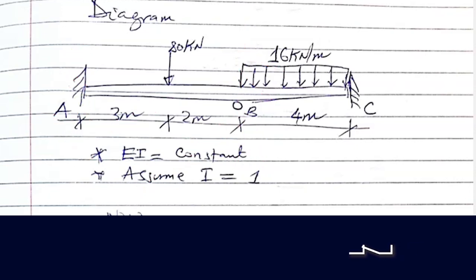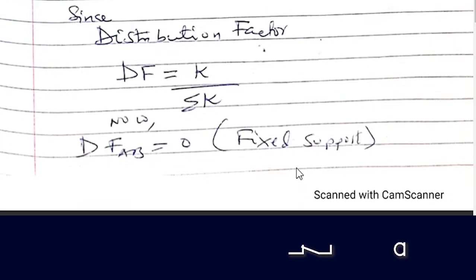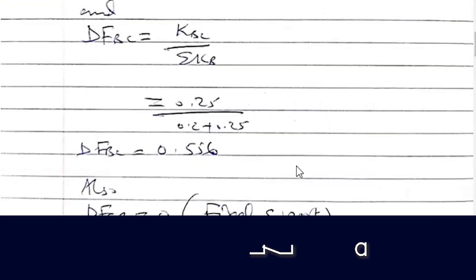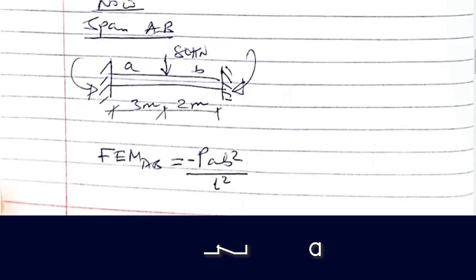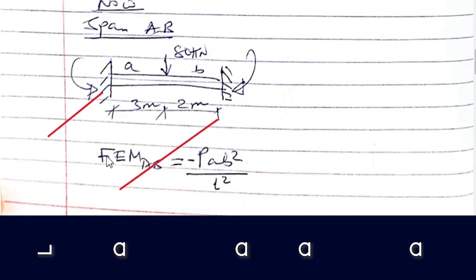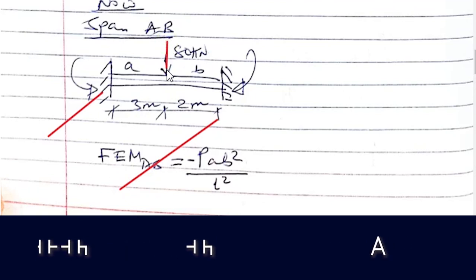Now, as we consider the span between A and B, we take the ratios from the point load. The concentrated load here is about 80 kilonewton.